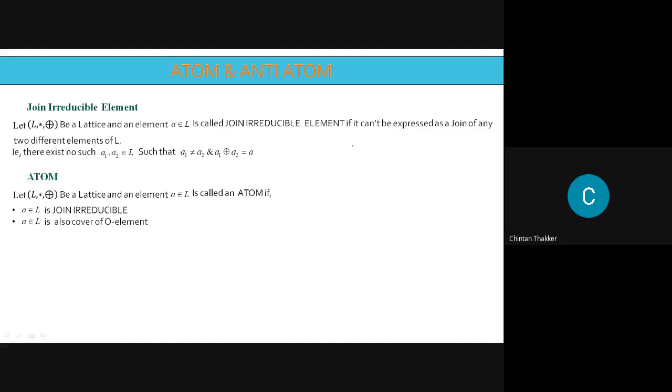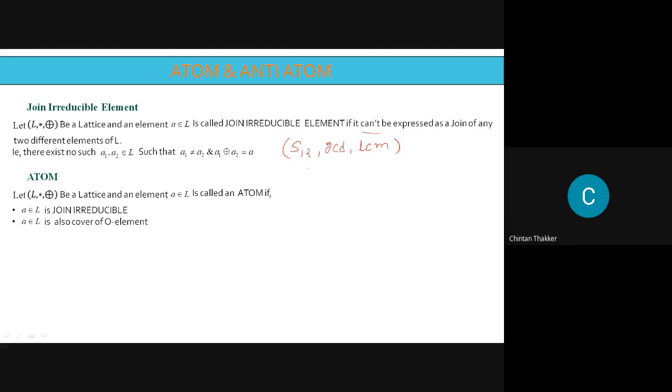Here I have just missed the word 'not': it cannot be expressed as a join of any two elements. Like if we take S12 with GCD and LCM, this is a lattice. We know that it is a lattice.